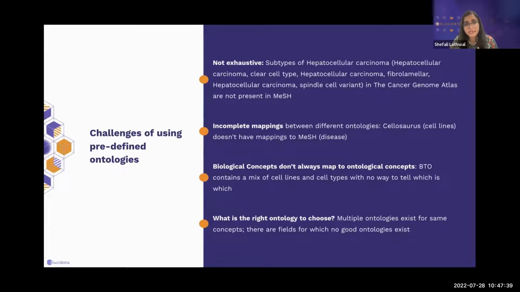So if on the application side we're interested in only tagging tissues and not cell lines, it's slightly harder to do. And finally, it's not always straightforward to choose an ontology, since many different ontologies exist for the same concepts. And that's something Gabriel also touched on in her presentation. So we have to spend time deciding and choosing the right ontology, and also be prepared to change those choices as we learn more about what our data contains.